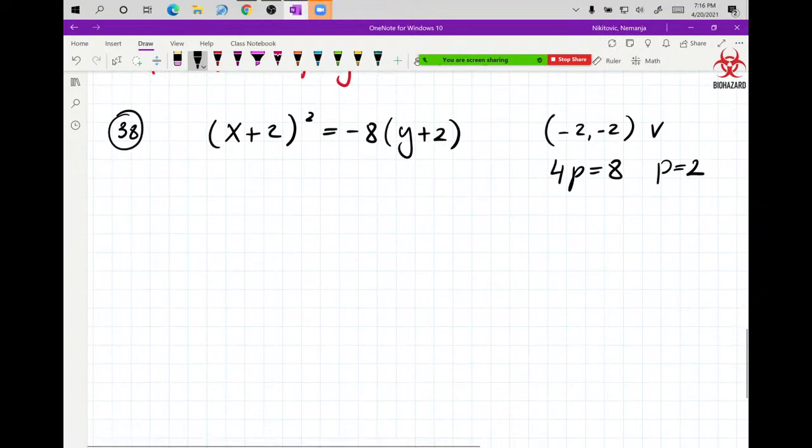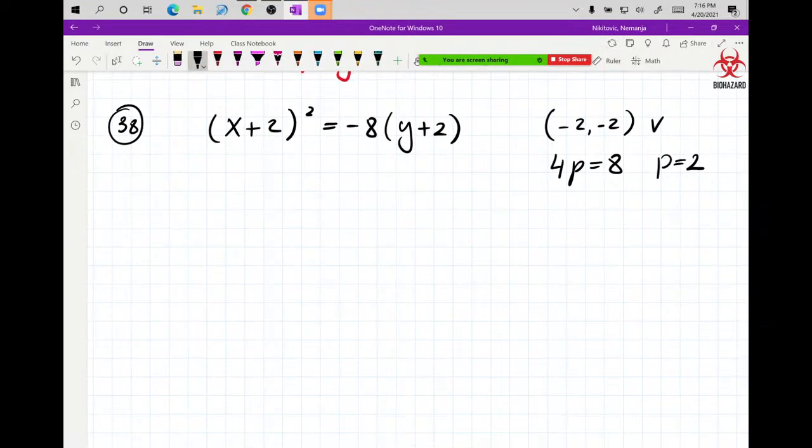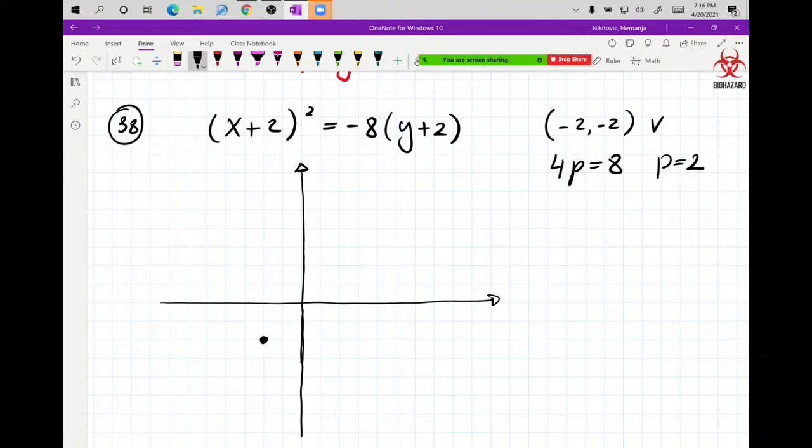And when we draw, I will get the exact coordinates and points once we draw all of this. I'm going to put my x and y coordinate system, and then I'm going to go to (-2, -2), and this is going to be my vertex V.